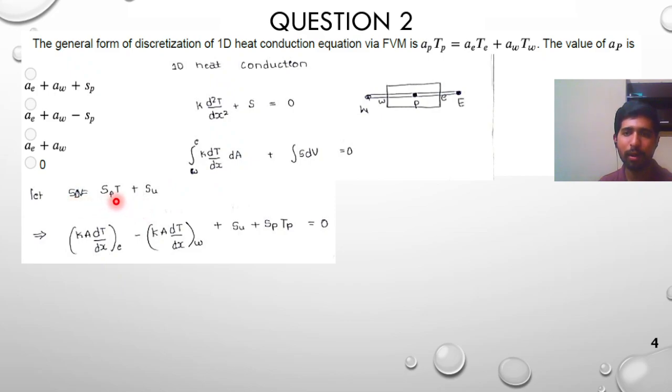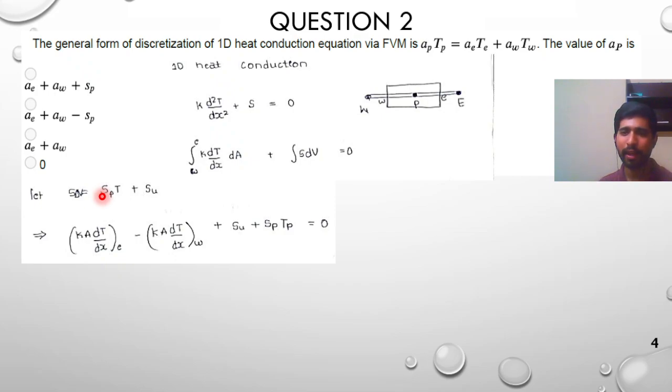Source term is dependent. Like for example, heat generation might be a function of temperature itself in some cases. If I have a wire, a wire will produce some heat, which is given by I square R. The heat generated by an electrical wire when it carries current.